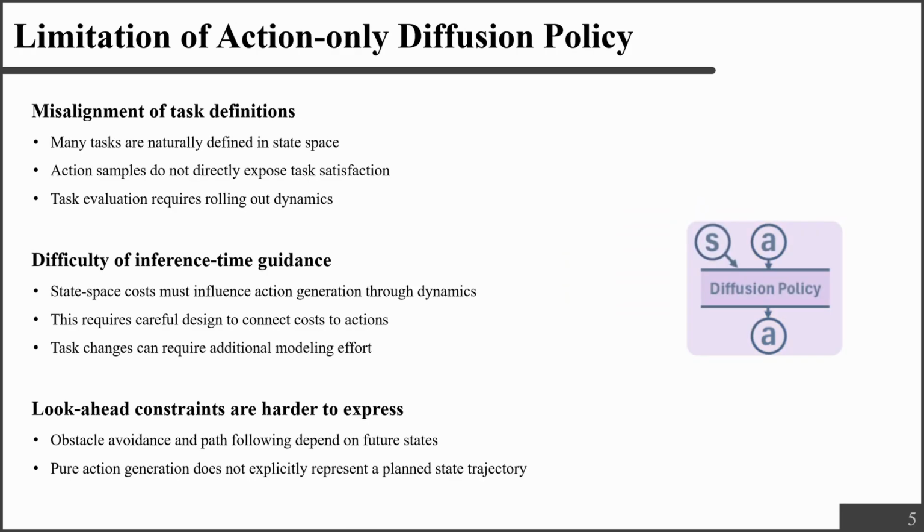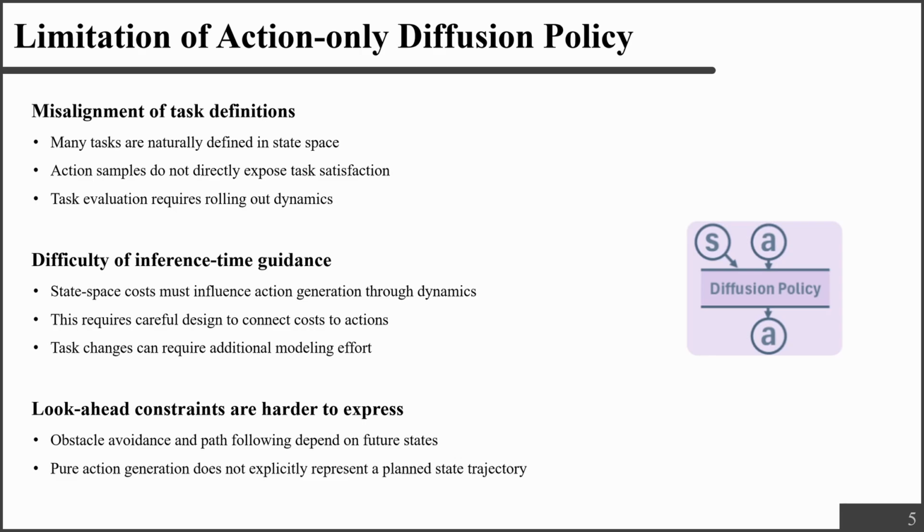Action-only diffusion directly targets feasibility because it generates the control inputs that the simulator executes. The limitation appears when we want to specify tasks. Many tasks are state-based.